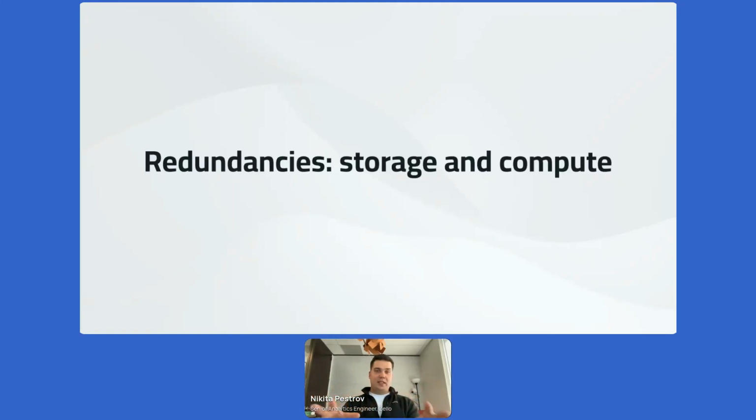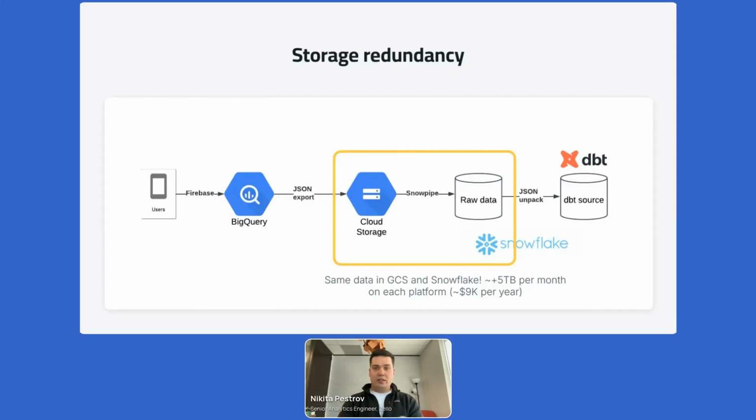So what are those redundancies that we have identified? They are like two of them, broadly speaking. It's about storage redundancy and compute. So for storage, you can obviously see that, and this was the big one for us, is that we first export the data from BigQuery to Google Cloud Storage, where we load it and it sits there in JSONs.